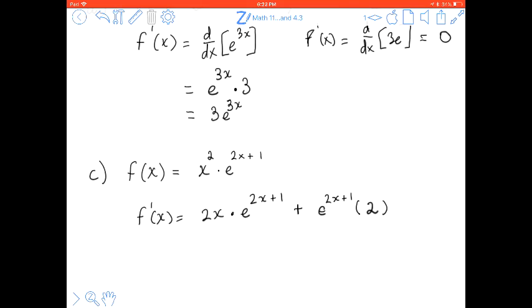So if we want to use the f and g notation that we learned back in chapter 2, f prime times g plus g prime, that whole thing right there is g prime, so now we need to multiply that by f. So we have 2x e to the 2x plus 1 plus 2x squared e to the 2x plus 1.